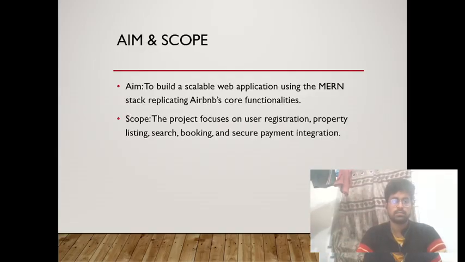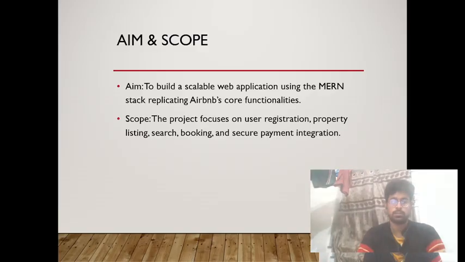What is the aim and scope of the project? The aim of this project is to build a scalable web application using the MERN stack, replicating Airbnb core functionalities. The Airbnb website is a clone of HomelyHub.